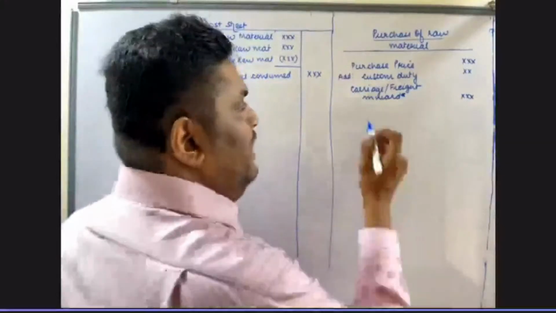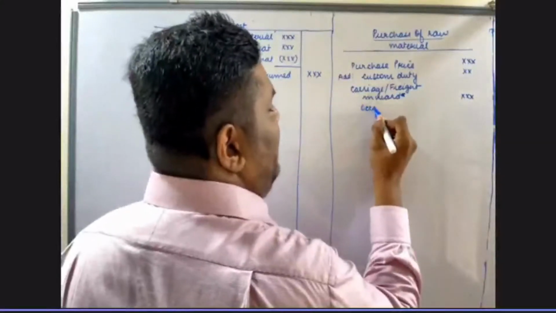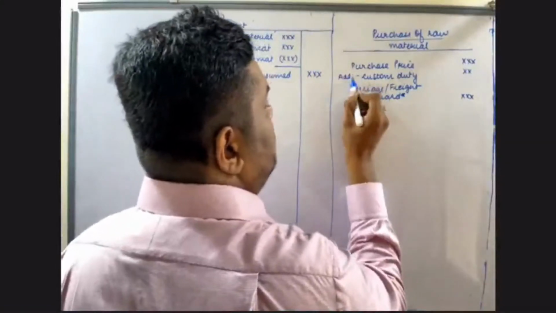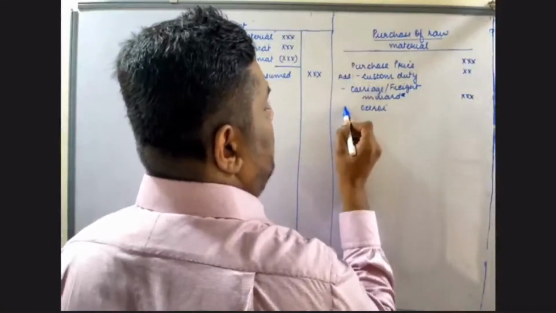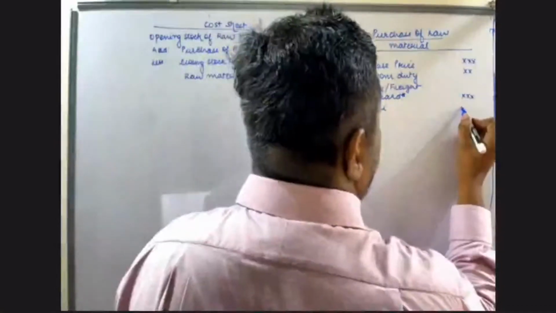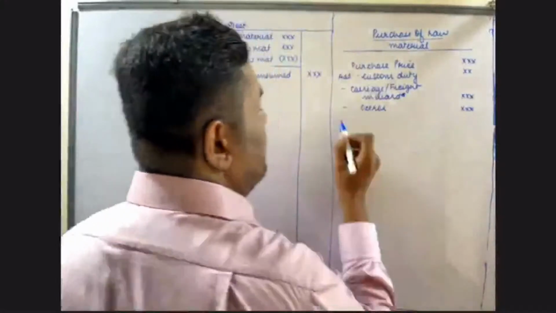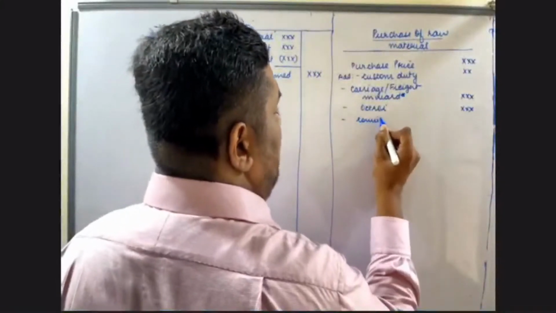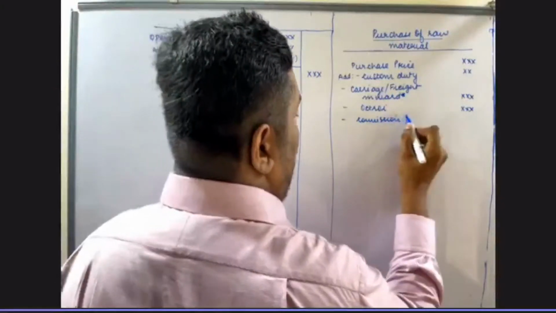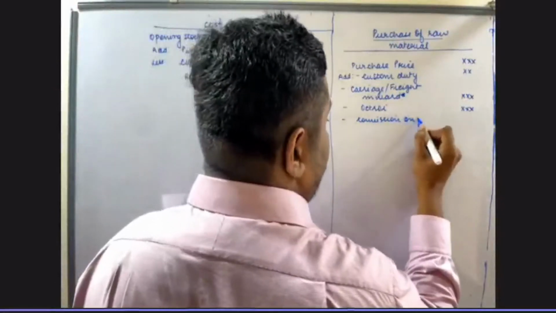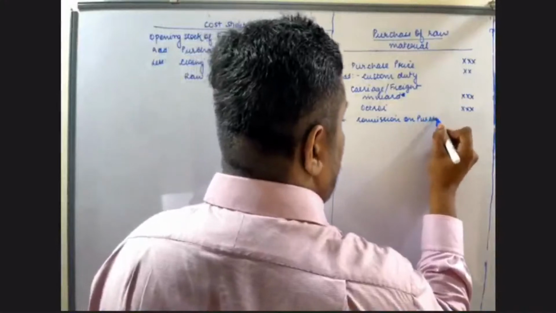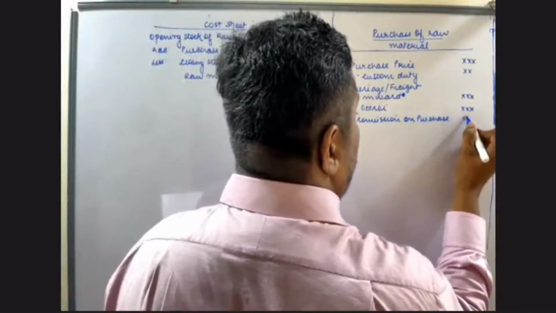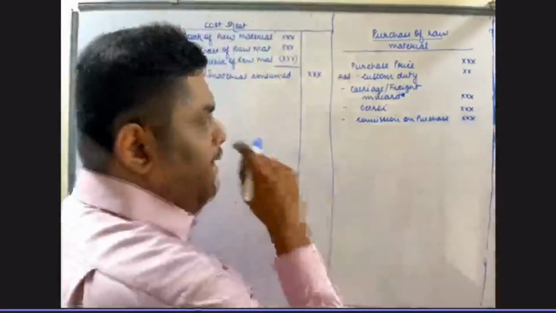Thereafter, if the octroi we are paying, further if we are paying any sort of commission or brokerage on purchase, it will be added.